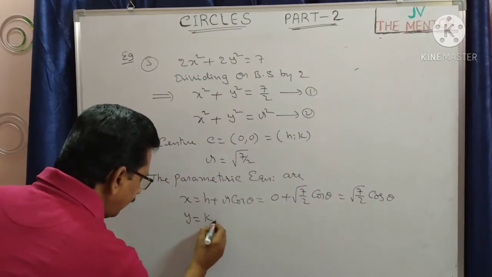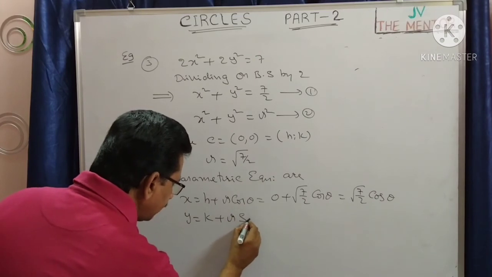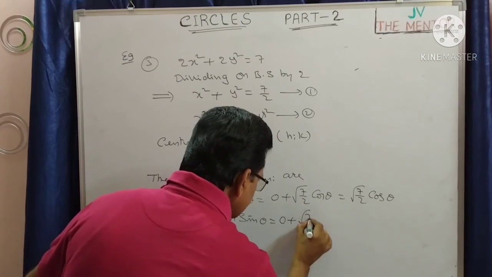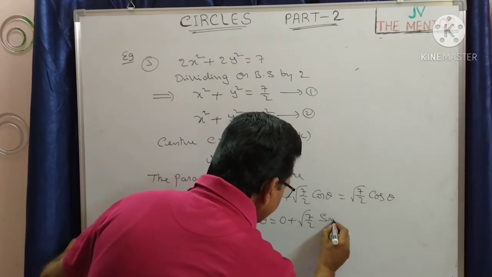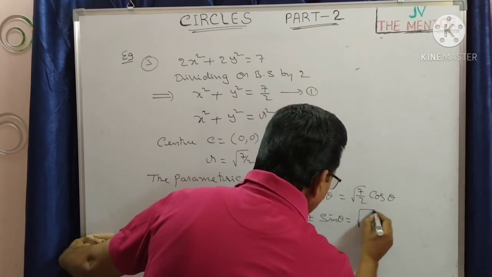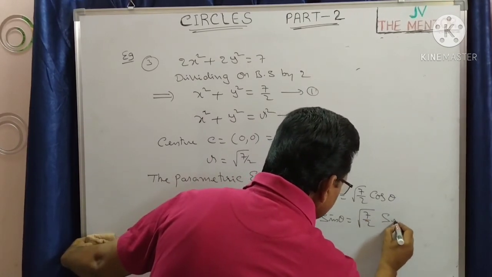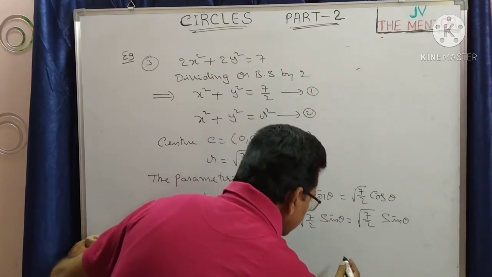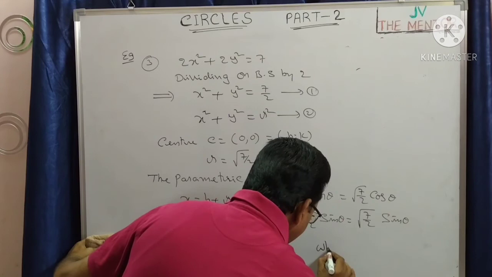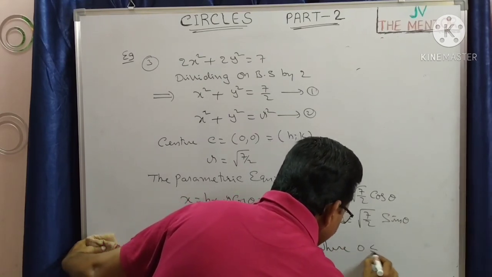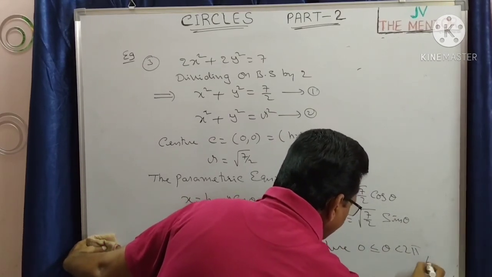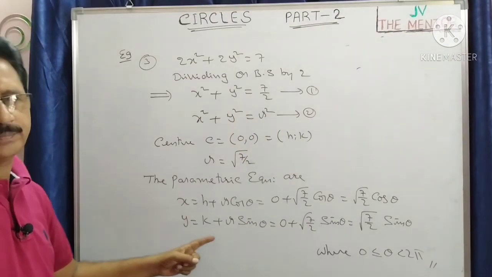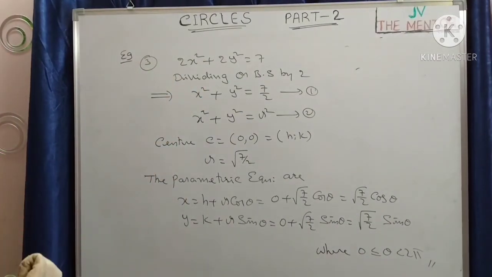Y equal to k plus r sin theta. Here k is 0. 0 plus root of 7 by 2 sin theta, that equal to root of 7 by 2 sin theta. And what is the interval of theta? Where 0 less than or equal to theta less than 2 pi. These two are the parametric equations of the given circle.